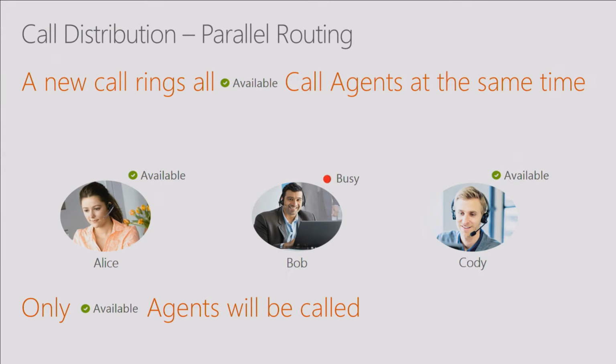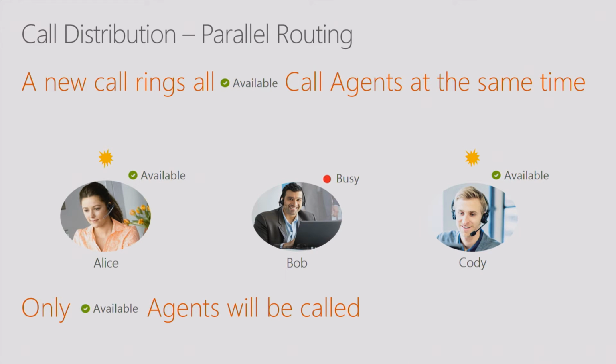And there is also a parallel routing method, which will also call all agents at the same time, except those agents who are busy or presenting or away. Only available agents will be called.